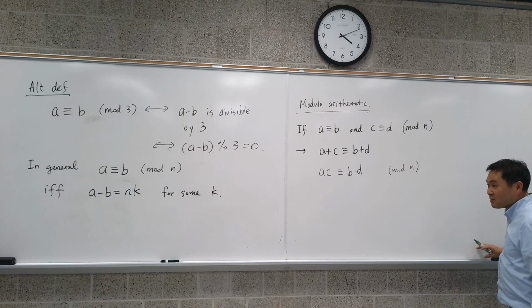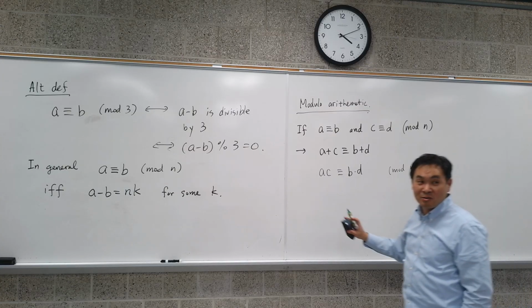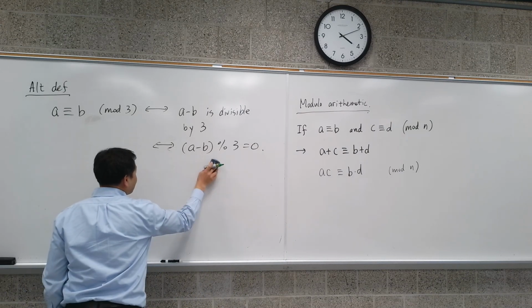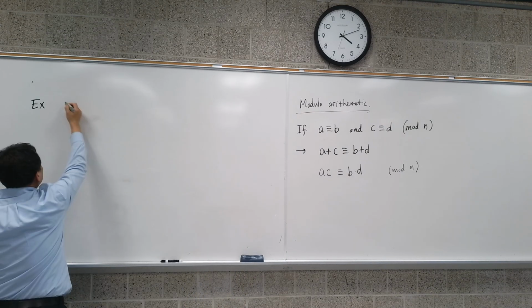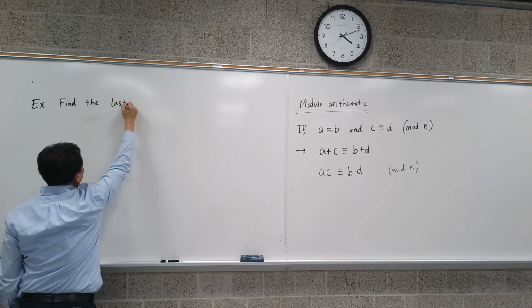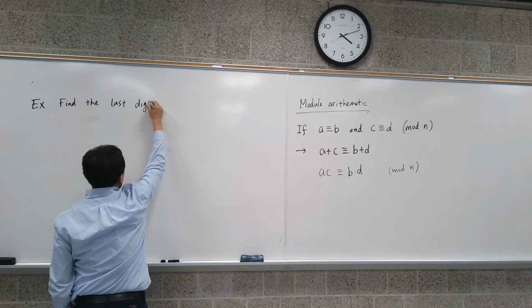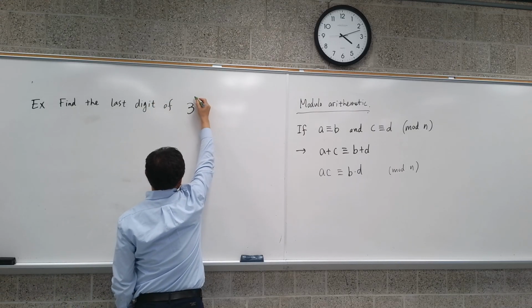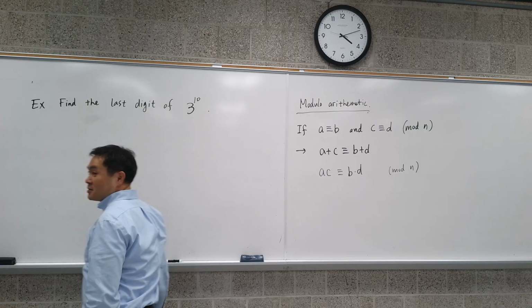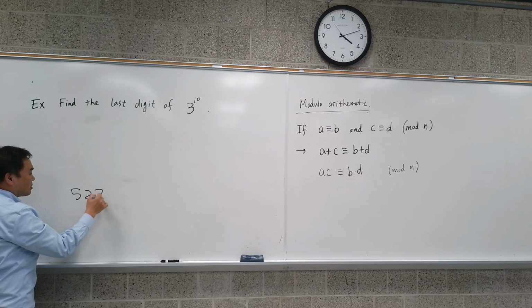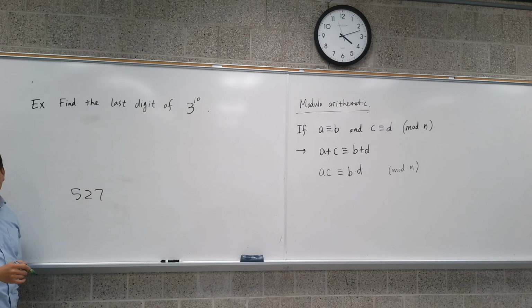Now this might not sound so easy to understand, so let me show you by explicit example. Find the last digit of 3 to the 10th power. Okay. Now, if you have some number, how do you get the last digit by using mod?